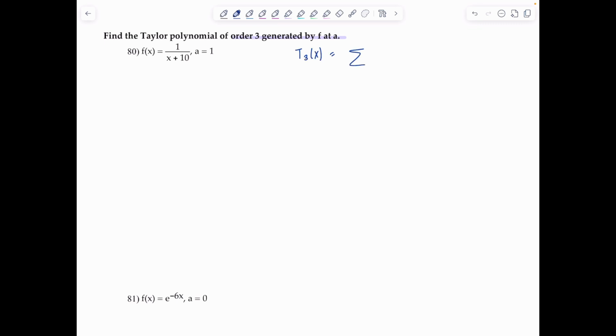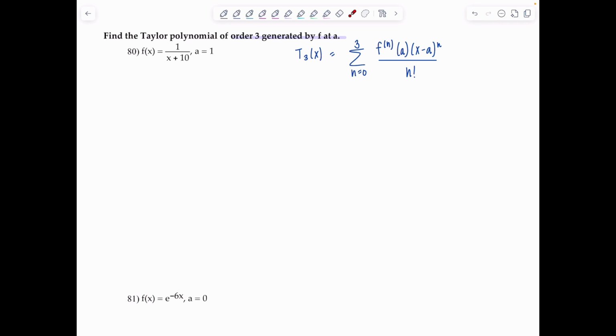And that's the sum, n equals 0, and we're going to stop at 3, of the nth derivative at a times x minus a to the n over n factorial. When you find a full Taylor series, then you take this as an infinite sum, but we're stopping at n equals 3 here for this particular one.